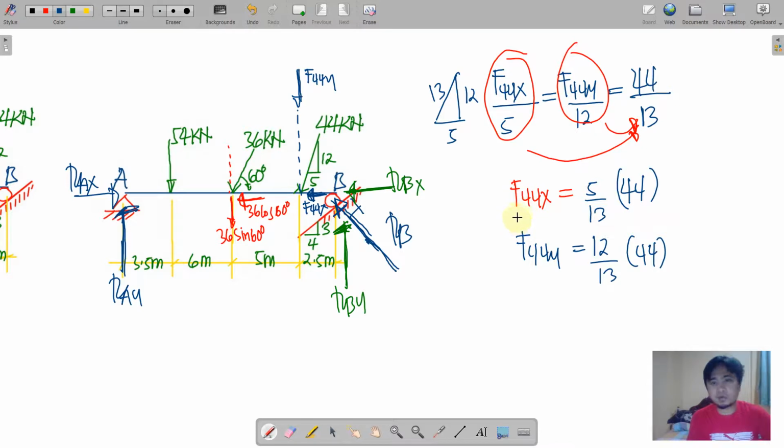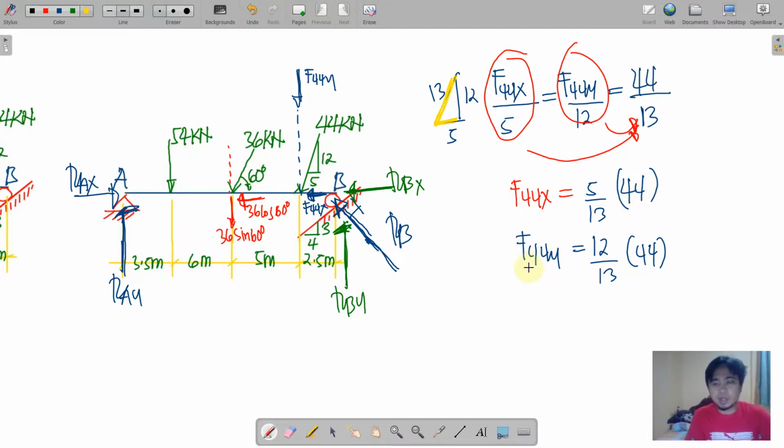On your 44x component, the horizontal slope is 5, okay? Just copy that 5 and then divide it by its diagonal slope, that is 13. Multiply it by the mother force, that is 44. And that will be your component.